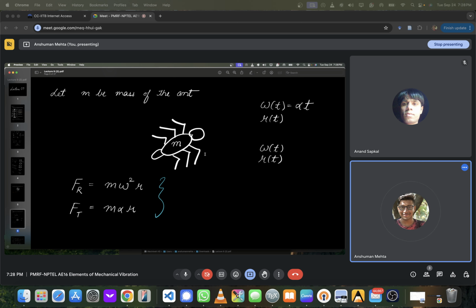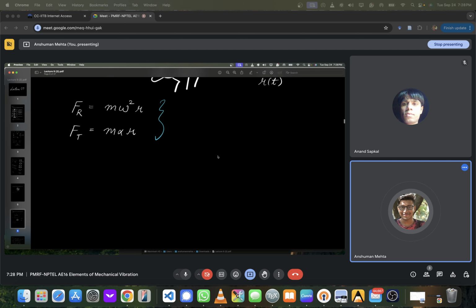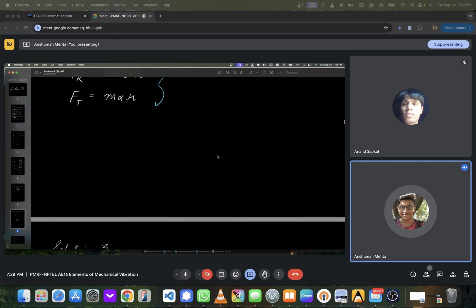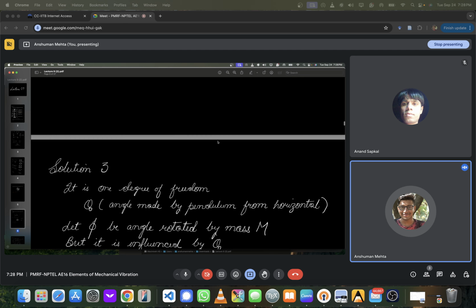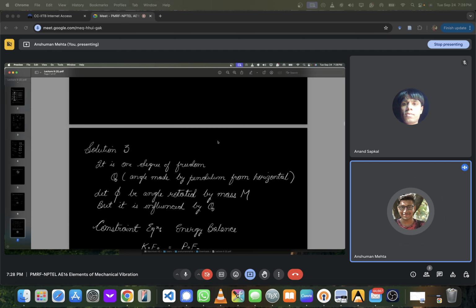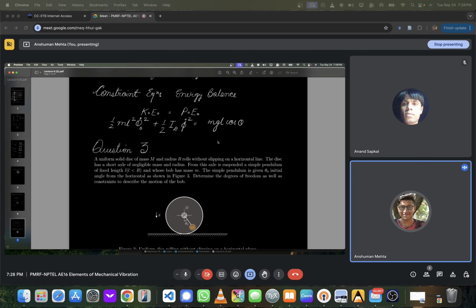So r1 is nearly equal to r2, but r3 is not equal to r1. Okay, so we cannot say anything about r, but the thing is they will be near to one value.